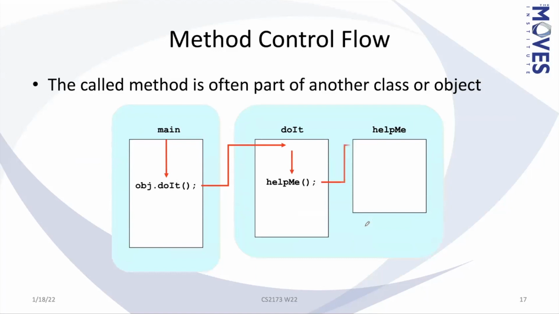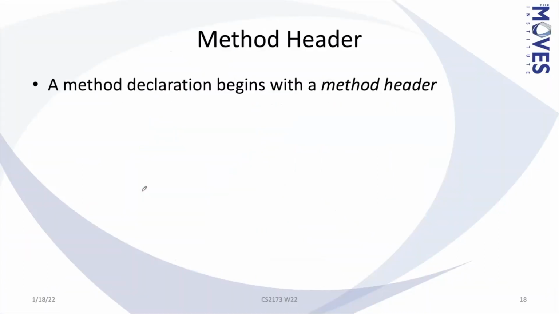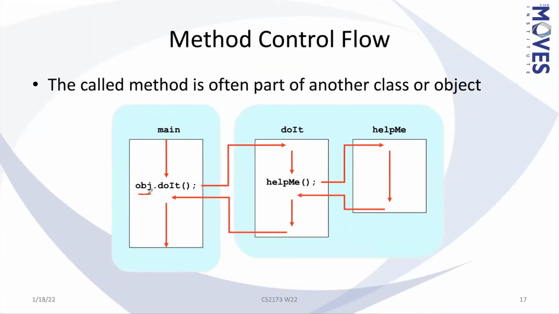Now, if I call it from another object, from another class, then I need to be more explicit. Say I'm coming from my main, and obj is an instance of this particular class right here. I need to explicitly say to invoke this method on this object. It will go to that object, to the doIt method, and start executing.